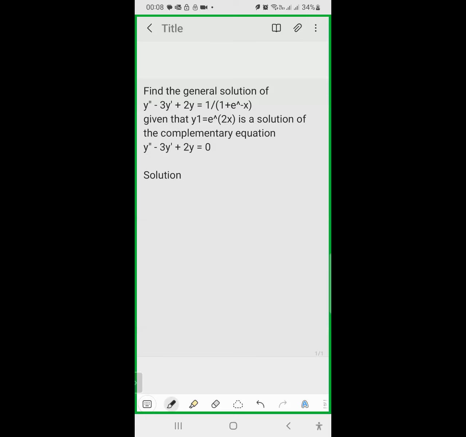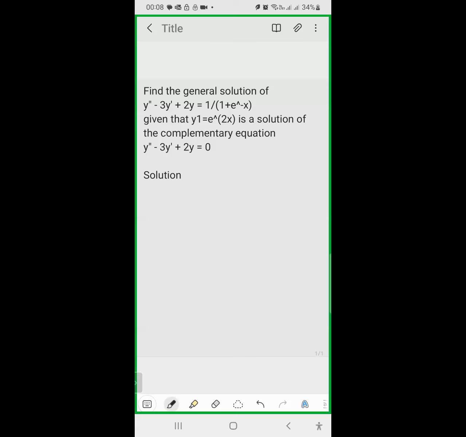You'll notice that even when you use the method of variation of parameters directly without considering the first solution that is given, you would still get the same answer. But due to the fact that we are being given the first solution, we have to use the method of reduction of order.